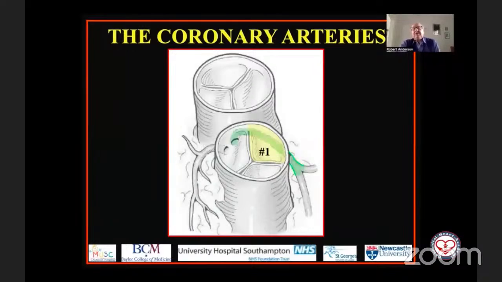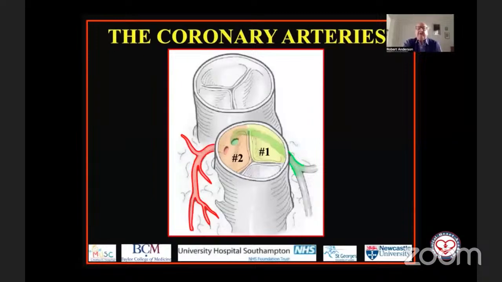But in fact, it does not. It crosses over the commissure between that sinus and the pulmonary trunk and it arises from sinus number 2, along with the right coronary artery. And this is the variant that is known as the intramural anomaly.